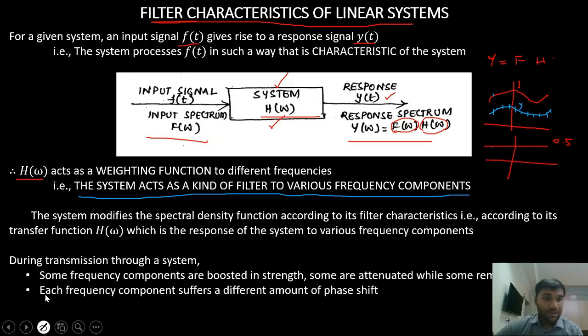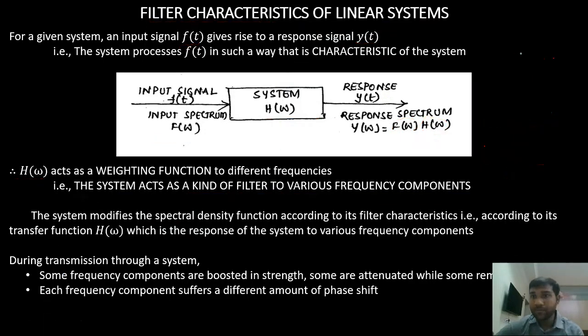Suppose let me consider a low pass filter. My input frequency spectrum, F of omega, has frequencies from negative 200 to positive 200, or let me say it goes up to 400.